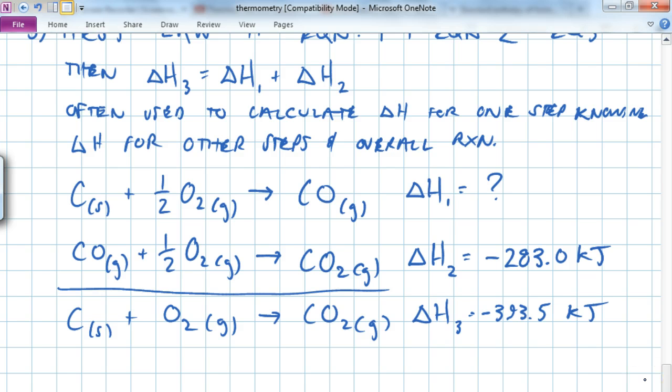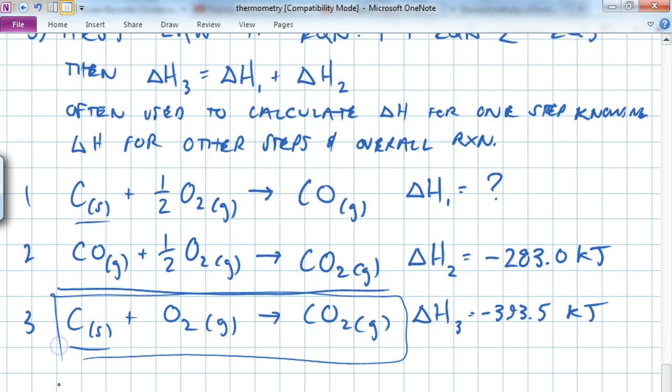So first of all, satisfy yourself that equation 3 is the sum of equations 1 and 2. Carbon shows up here and it shows up down here. How come there's no CO in this final equation? Because the CO cancels out, because it's the same on both sides. And then why is there 1 mole of O2? Because we had 1/2 and 1/2 here, and then we only have 1 mole of CO2. So we just added 1 and 2, and what we got is equation 3.